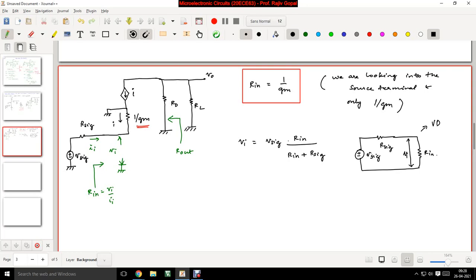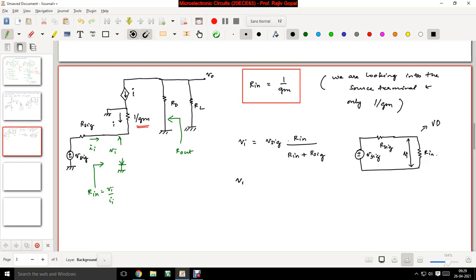Instead of writing the entire thing, I have assumed Rin to be a nice resistance here, and across that resistance I have Vi as the voltage drop. Substitute the value of Rin in this.